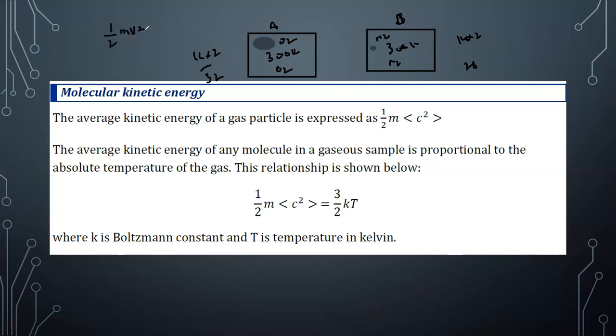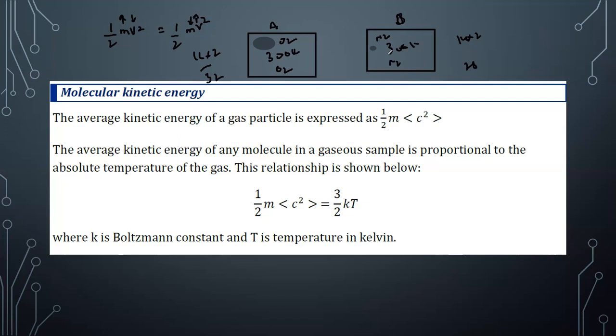So how do both have the same half mv square? Oxygen has more mass, so its particles will move slower. Nitrogen has less mass, so its particles will move faster.